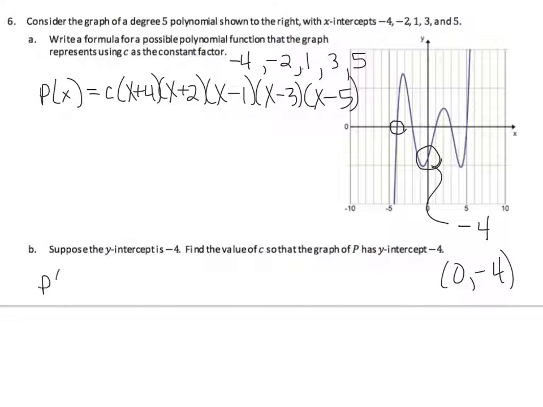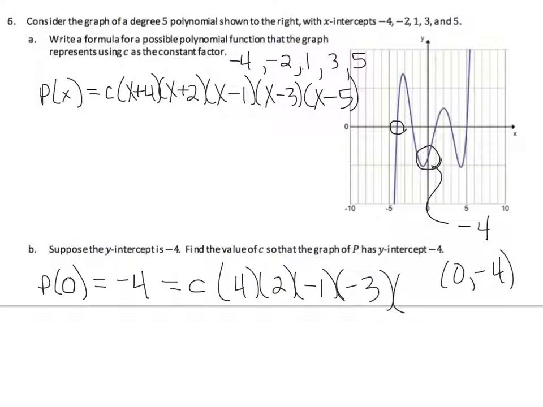That means p of 0 equals negative 4 equals c, so all of the x's are 0, do 4 times 2 times negative 1 times negative 3 times negative 5. Hold on a second. So negative 4 equals negative 120 times c.